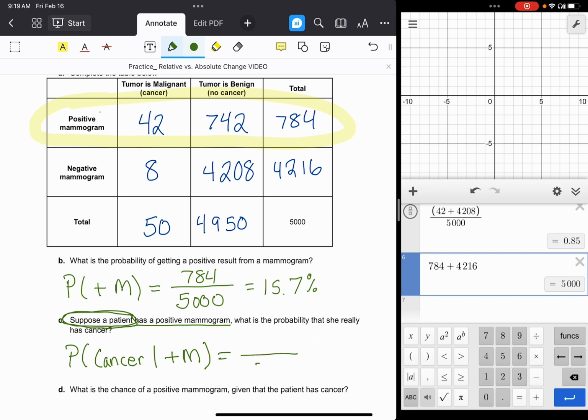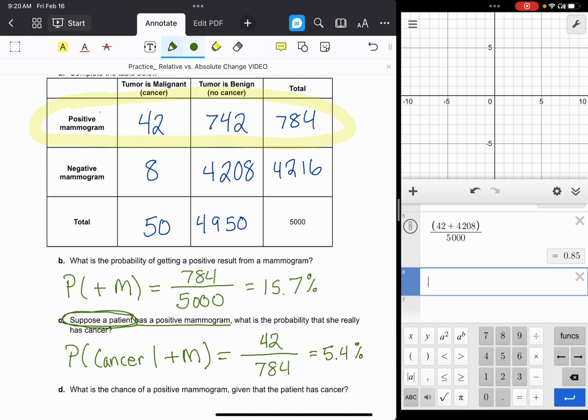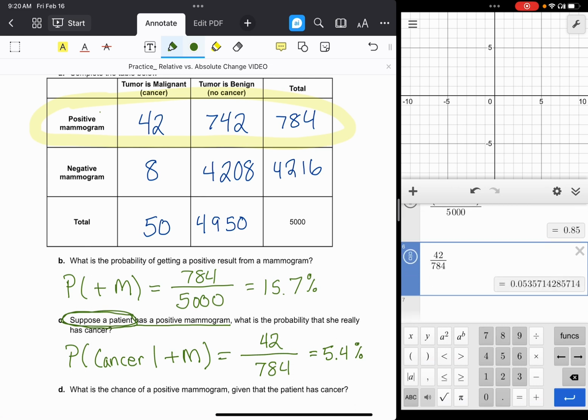The 784 is all the people I care about, and of those 784, 42 of them had cancer. And 42 out of 784 is only 5.4%. So of the people who got positive test results, only 5.4% of them actually had cancer. When you look at it that way, you go, whoa, that's not that many.